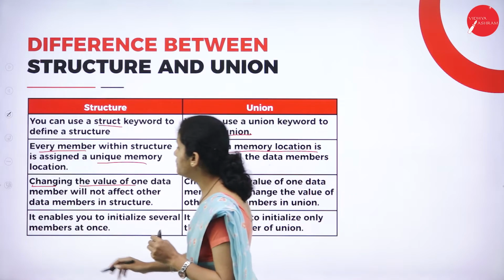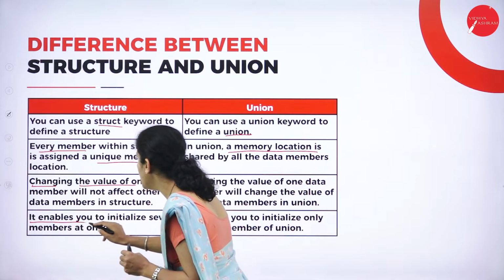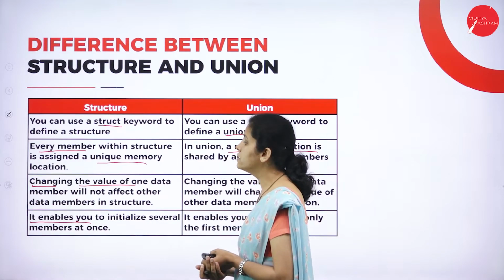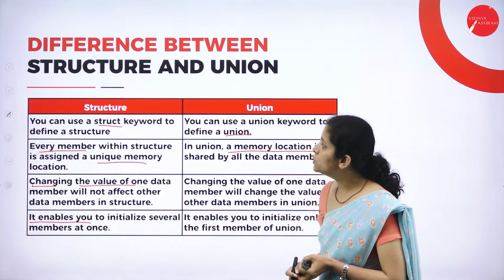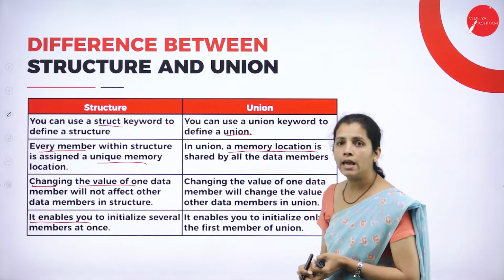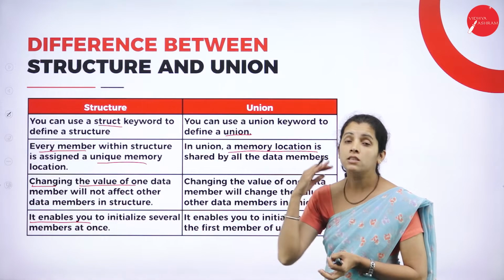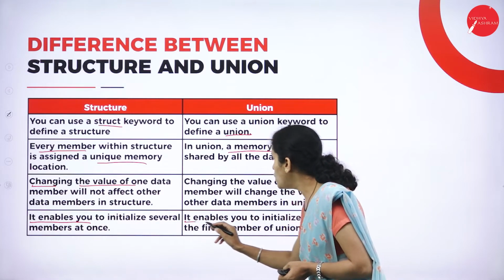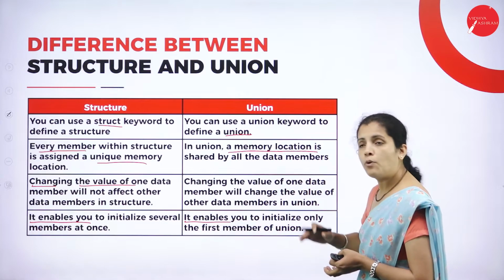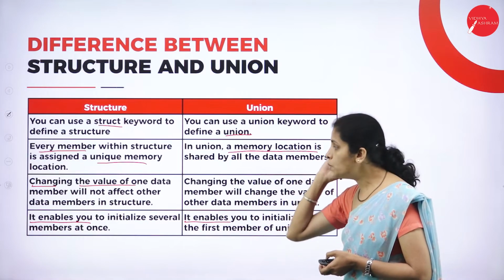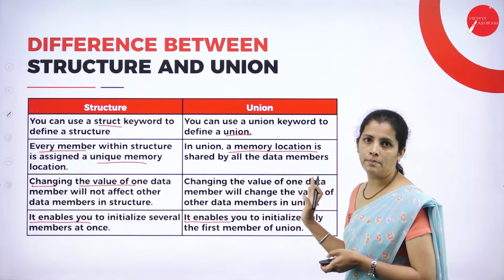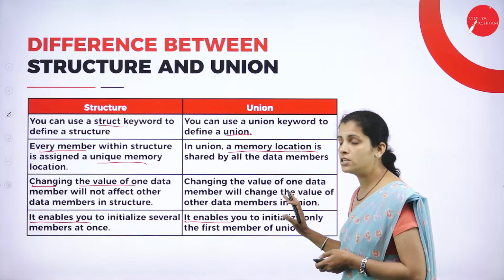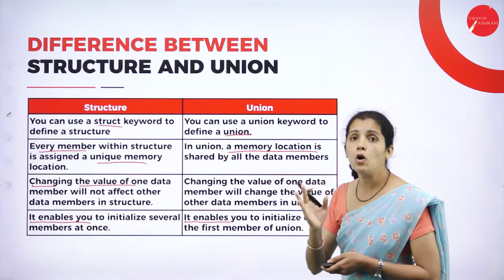The last difference here is whether it enables you to initialize several members at once. By using a structure, I can initialize several members at a time. But in a union, it is possible to initialize only one member at a time, because the same memory location is shared between all the members.